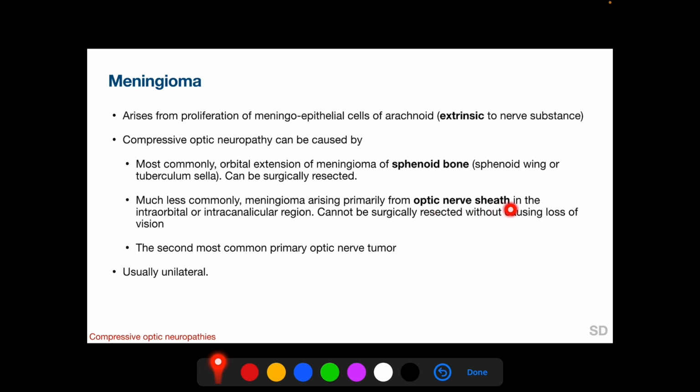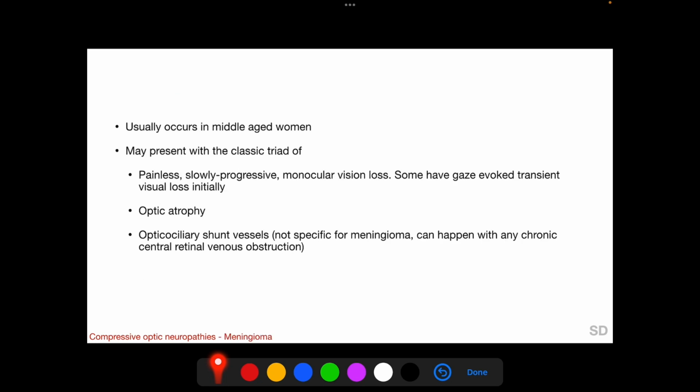Optic nerve sheath meningiomas occur in the intraorbital or intracanalicular region, and they cannot be surgically resected without damaging the optic nerve, thus causing loss of vision. Meningiomas are the second most common primary optic nerve tumor after gliomas, and they are usually unilateral.